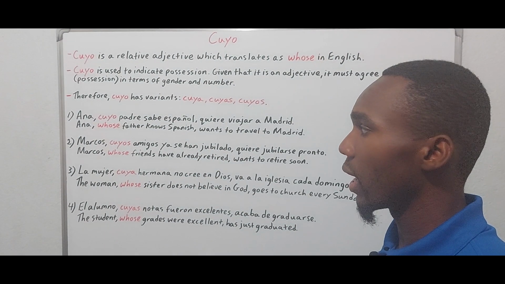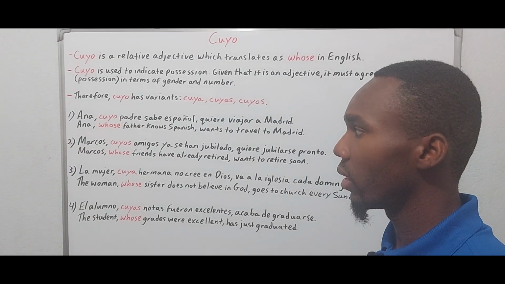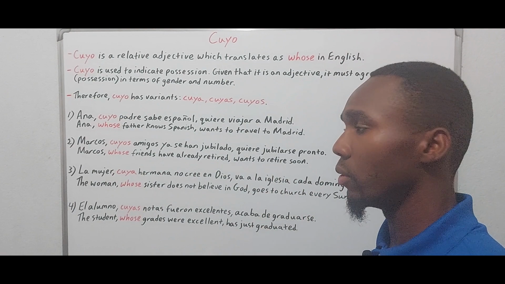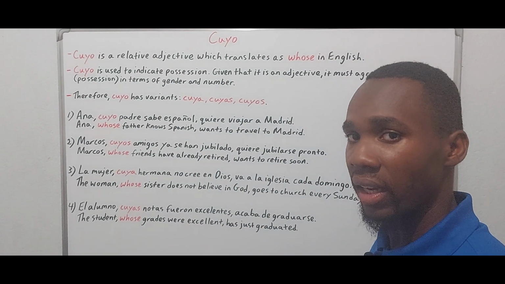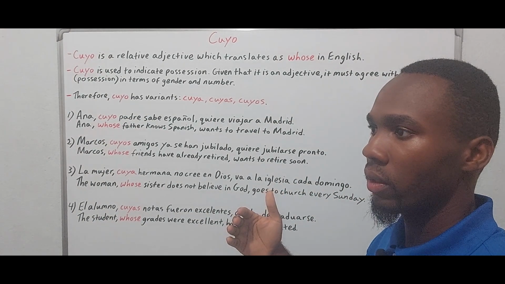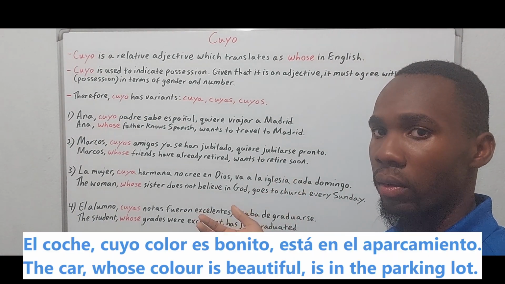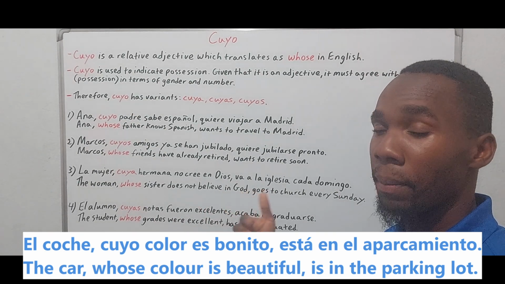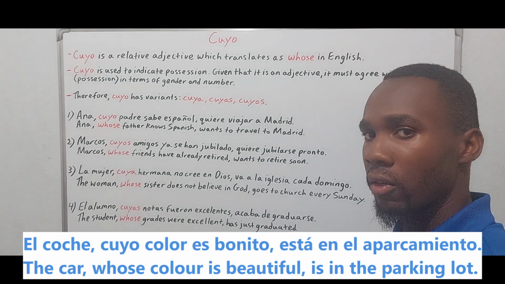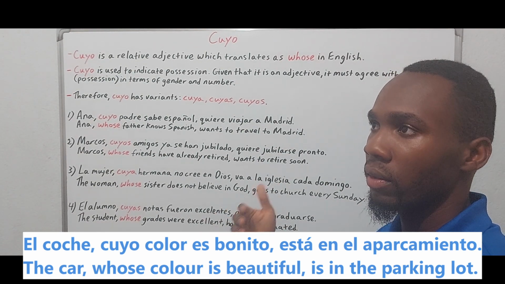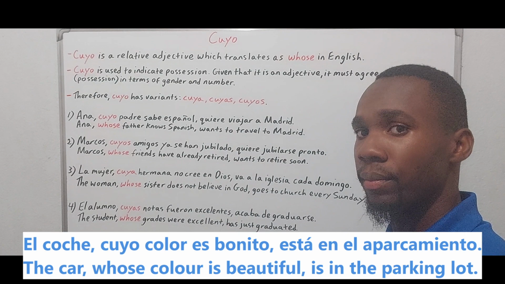I said earlier that this can be used with persons or things. So I did not give you an example with a thing. So here we go. El coche cuyo color es bonito está en el aparcamiento. The car whose color is beautiful is in the parking lot.